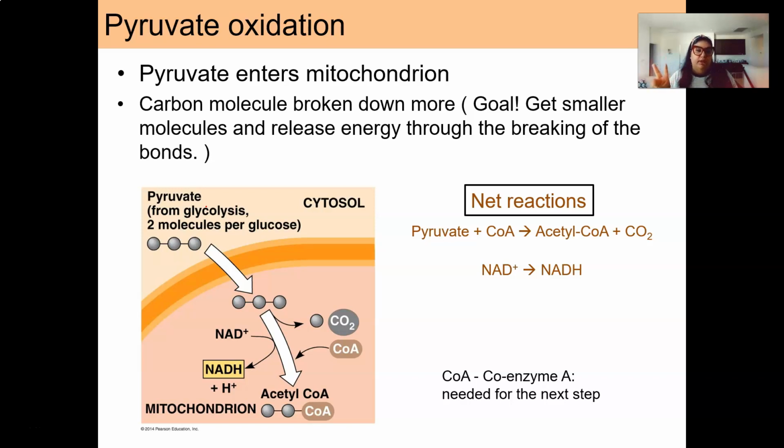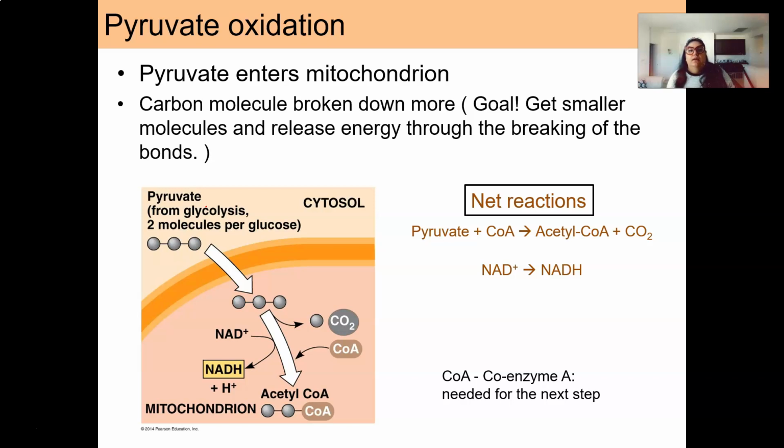So we have 2 molecules of pyruvate. They come into the mitochondrial matrix, and they use a transport protein to get in there.